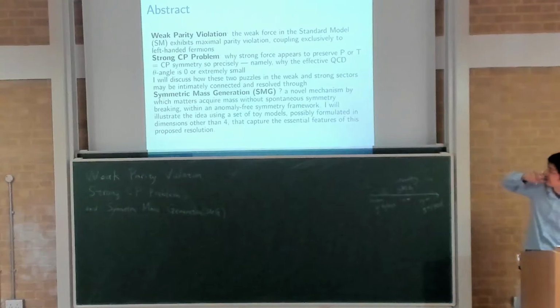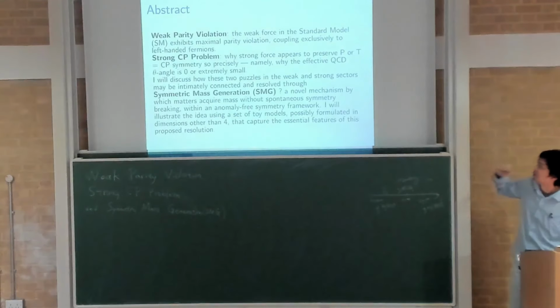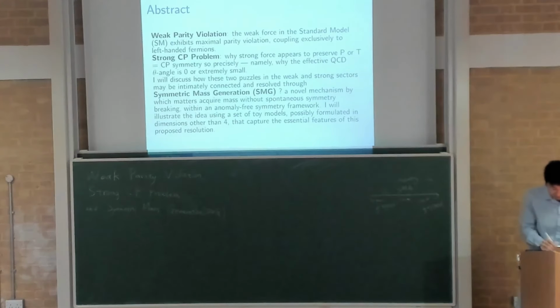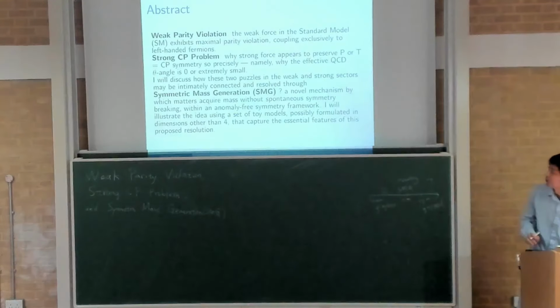Let me just summarize where we are going. Weak parity violation means the weak force couples to the left-handed Weyl fermion, and strong CP is about why the theta we just wrote down is small or almost 0. Now I'll try to relate these two puzzles in the weak and strong sectors through a possible mechanism for symmetric mass generation, in the sense that a matter field like a fermion acquires mass without spontaneous symmetry breaking, but actually gets a mass through some interaction.